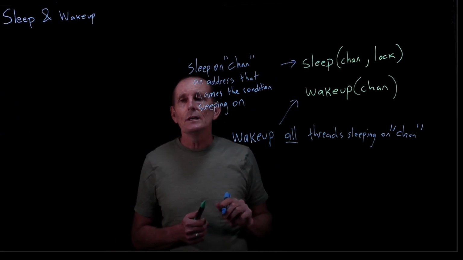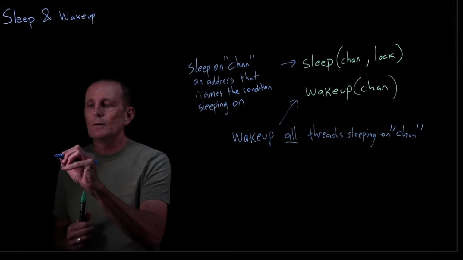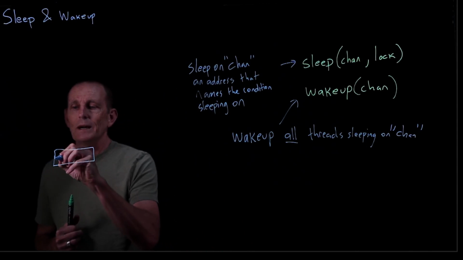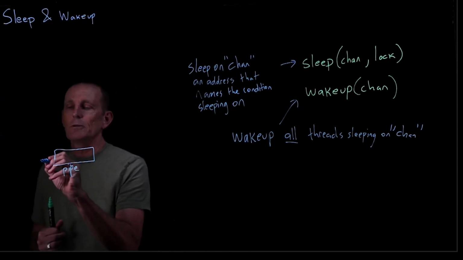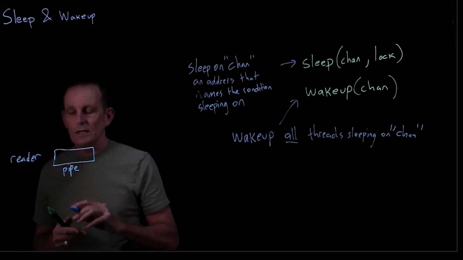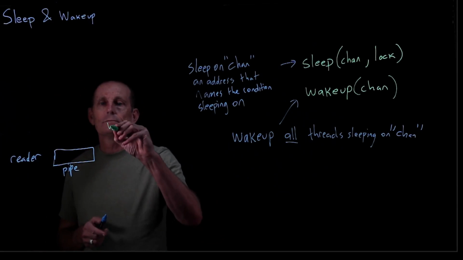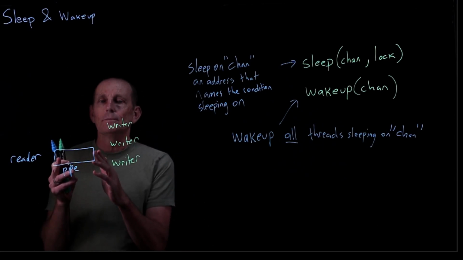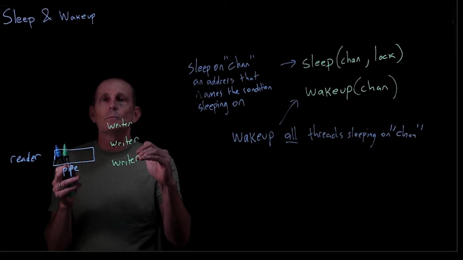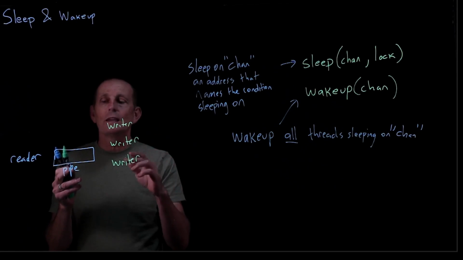An example could be that if you had a pipe, which is implemented with a buffer, and you had a reader, and you had multiple writers. And this pipe becomes full. Each of these writers goes to sleep, and they all wait on the same channel.